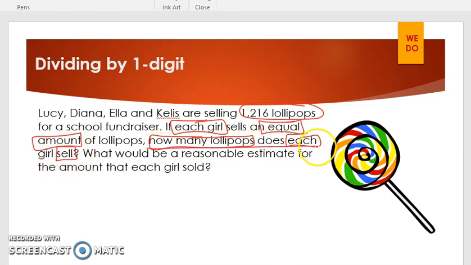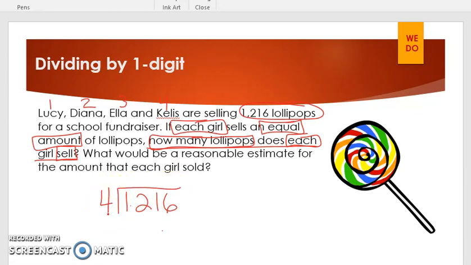And that's our question. Let's see how many girls we have. We have 1, 2, 3, 4 girls. Okay, so now that we've done our cubes, we are ready to solve the problem. So we have 1,216 lollipops divided by the 4 girls.